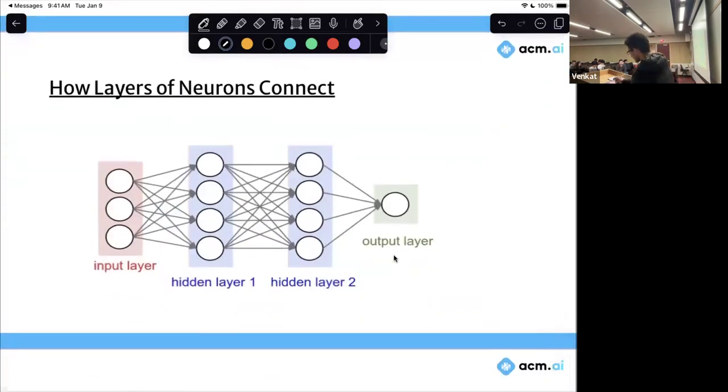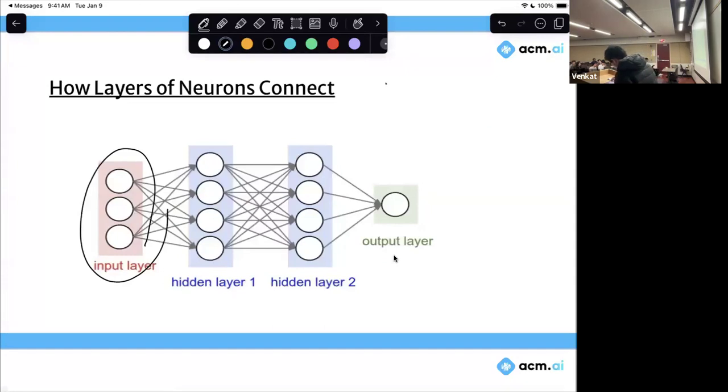So the idea is that each of these layers is a vector. You have this as the input layer vector, then it gets multiplied by some weight matrix to produce the next vector in our model.